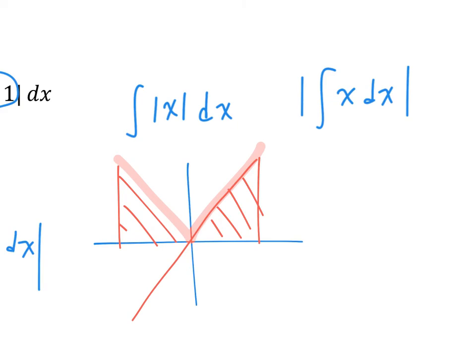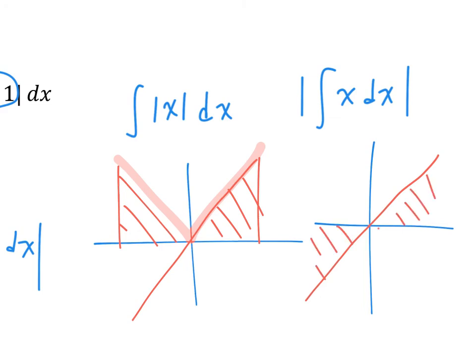On the right-hand side, you have this other one. When the integral of x is now inside, you're making the result positive. The result is going to be this part plus this part, and whatever the result is, you make that positive. So they're not the same.